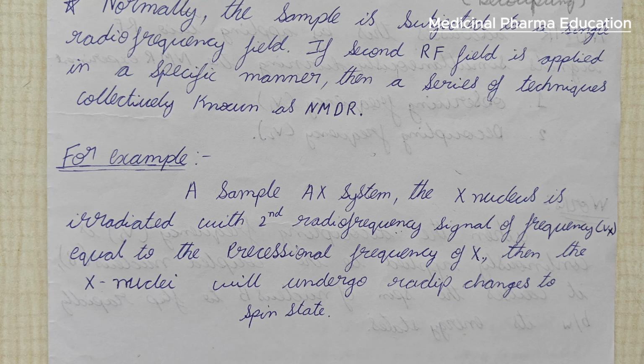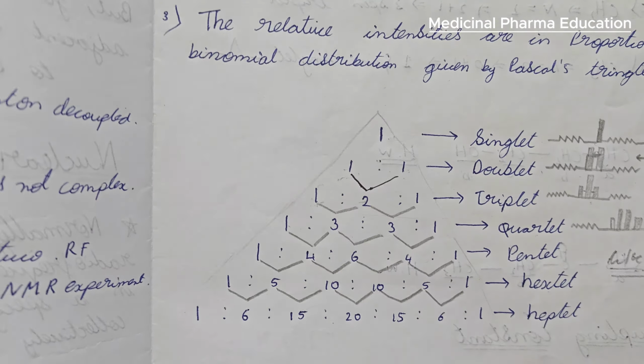See here what is happening: first we apply the first radio frequency, and then we give the second radio frequency to the same nucleus itself, and the nucleus undergoes rapid changes in the spin state. We'll read in detail. This is the process.